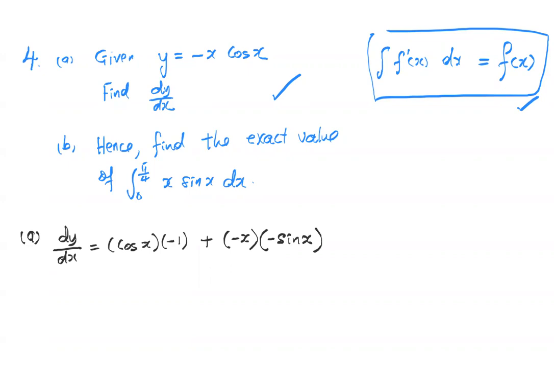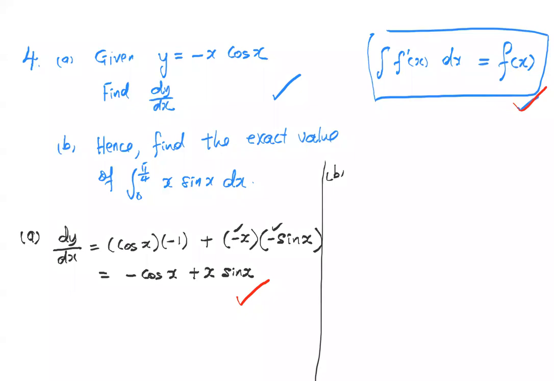And you differentiate x, you got 1. So you have to be very careful. So this will be negative cos x plus, because negative times negative, you got positive, x sin x. So when you are doing your part B, you should start from here. Here is the key. Start from there using this concept. Then start to manipulate with it. Okay, start now.